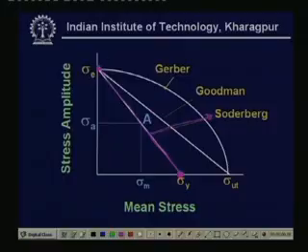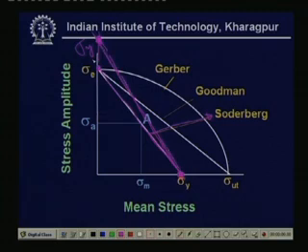If this is the sigma endurance limit, then somewhere here, just schematically, is the sigma yield point. If we join sigma yield point and sigma yield point, this is the yield line. So, the Soderberg line is actually guarding against the yielding of a material.